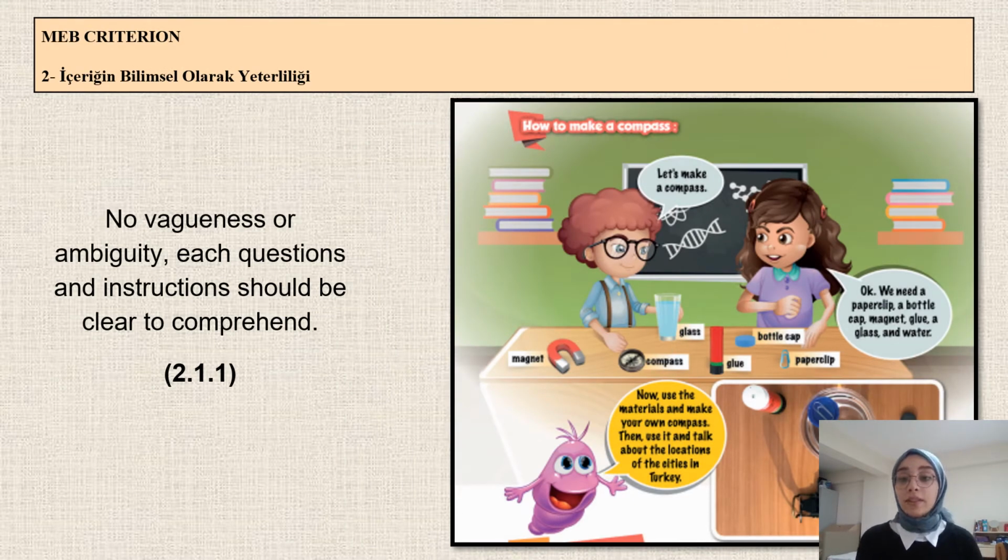In this activity, it is said let's make a compass, but there is no explanation or instruction on how to make a compass. Yes, there are just materials, but no explanation. So it poses an ambiguity.